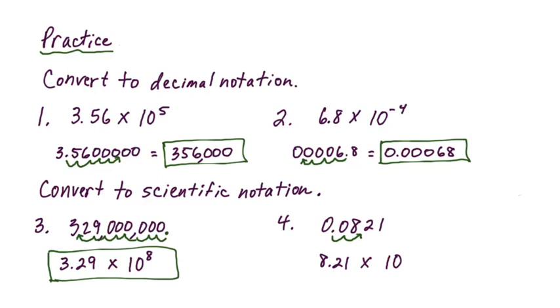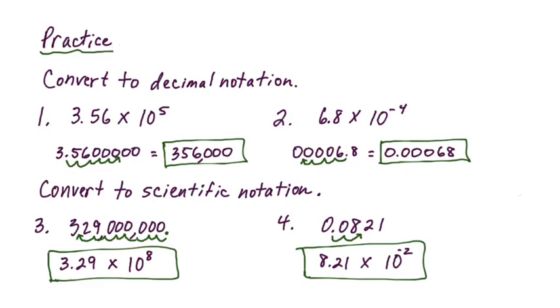Now we moved the decimal twice, and so we're going to use a 2. We just have to decide, is it positive 2 or negative 2? Well, multiplying 8.21 times 10 to a positive power would make us bigger. That's not what we need. We need to multiply by a negative power so that we're getting smaller, because 0.0821 is smaller than 8.21. So it's going to be negative 2.